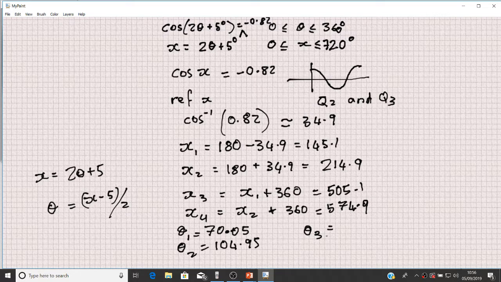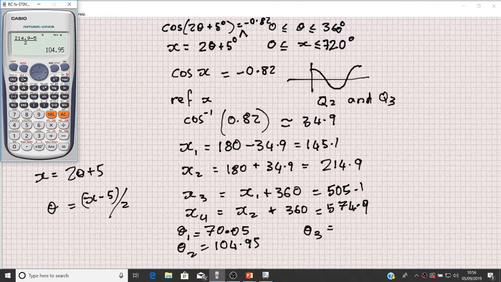I'll go back and edit the calculator. So we're going to put in 505.1 and equals, we get 250.05.